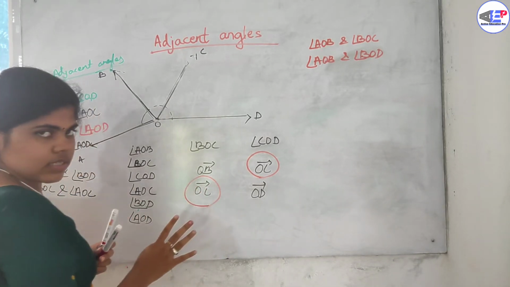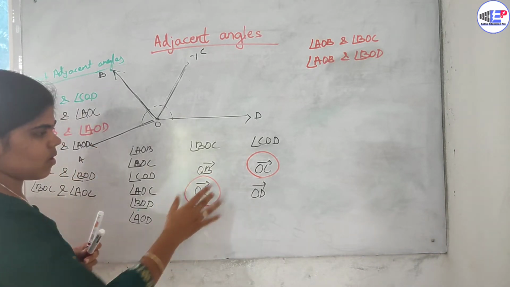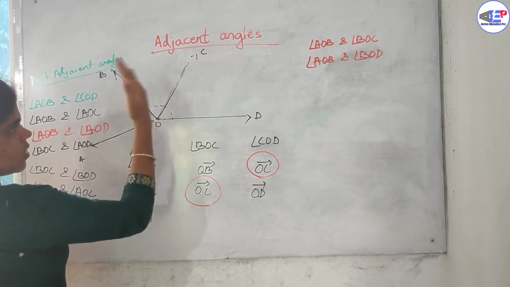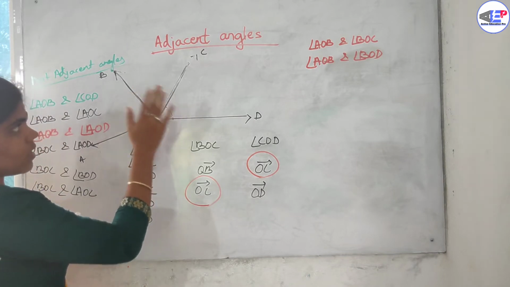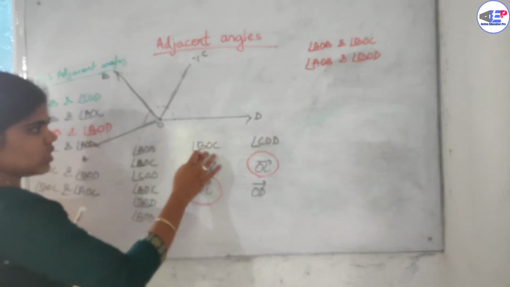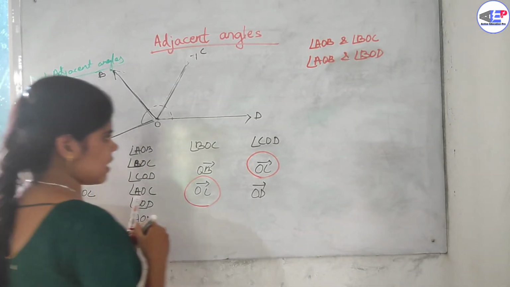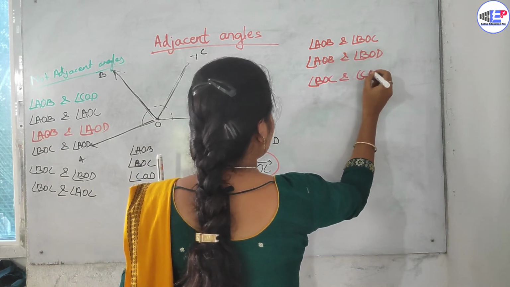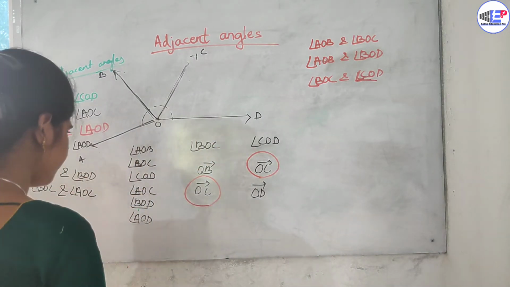To be a pair of adjacent angles, the second condition is that the non-common arms are present on each side of this common arm OC. OB and OD are the non-common arms present on each side of this arm OC. So these two angles satisfy the conditions to be a pair of adjacent angles. So here BOC and COD is another pair of adjacent angles in this given figure.